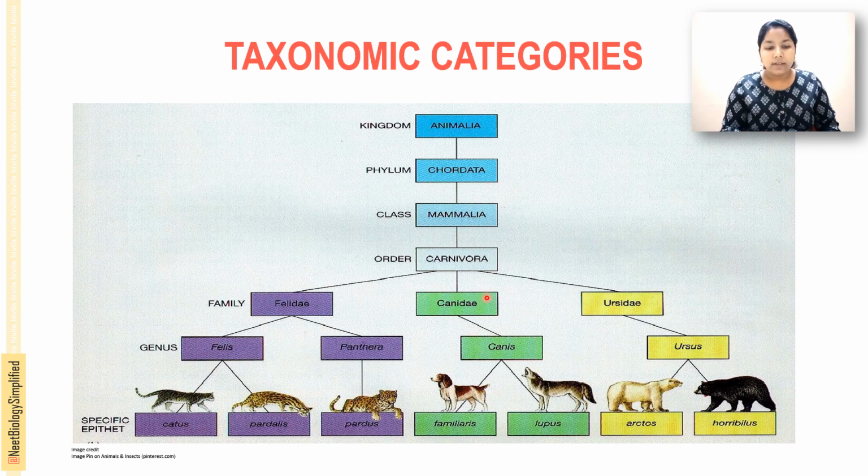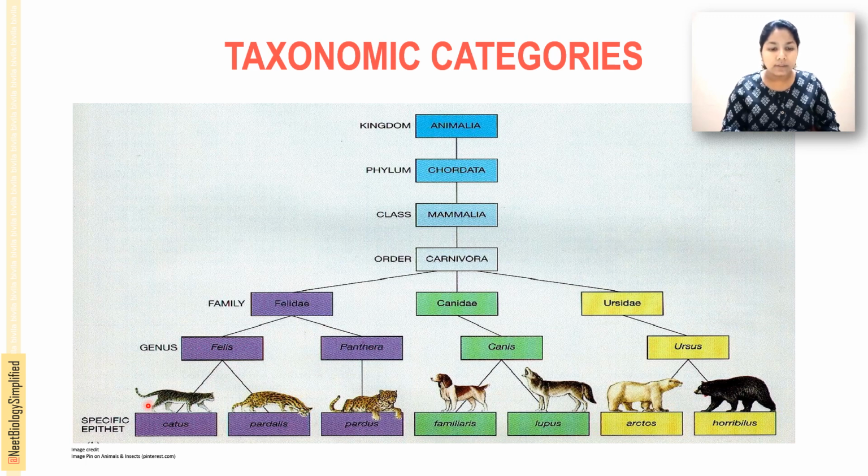And this is another chart showing the taxonomic categories of different organisms, and here you can see that at the species level, that is species Catus, Pardalis, Pardus, Familiaris, Lupus, Arctos, Horribilis.